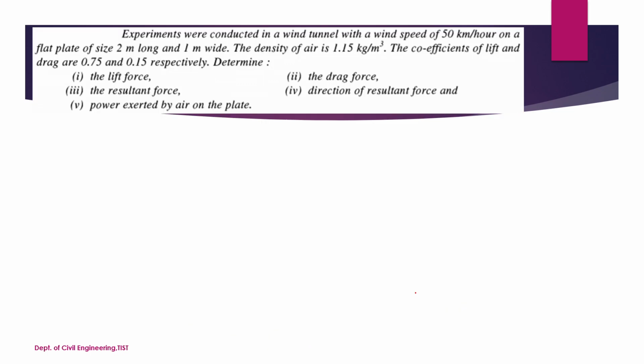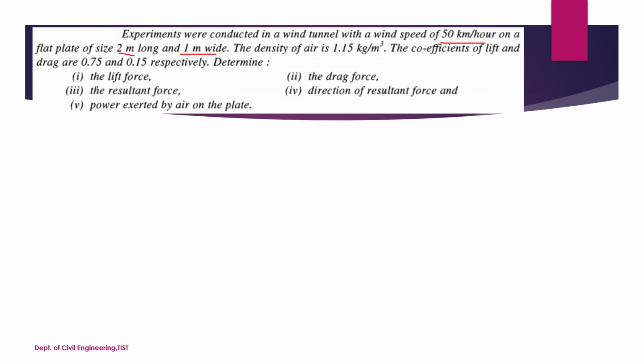We'll just consider a few problems. Experiments were conducted in a wind tunnel with a wind speed of 50 km per hour on a flat plate of size 2 meters long and 1 meter wide. The density of air is 1.15 kg per meter cube. The coefficients of lift and drag are given.